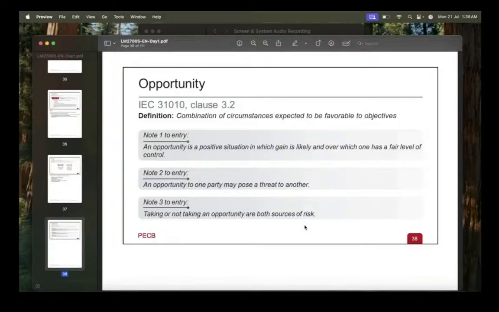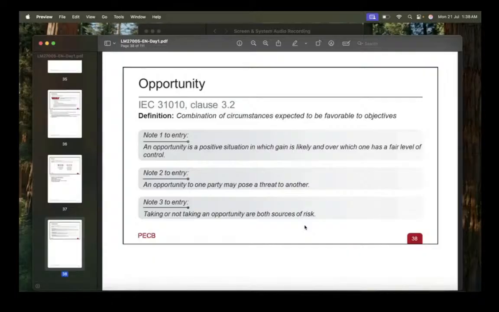The first one says an opportunity is a positive situation, which is likely and over which one has a fair level of control. Note two: an opportunity to one party may pose a threat to another. So if there are two different parties and something is an opportunity for one party, it can be a threat to the other.